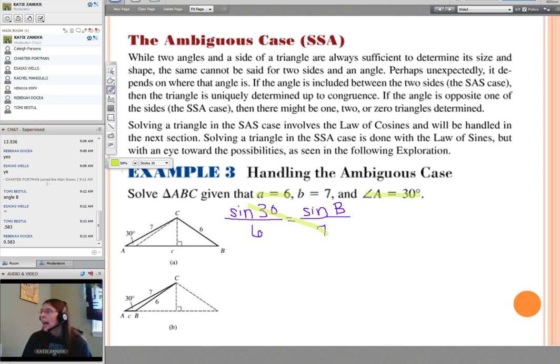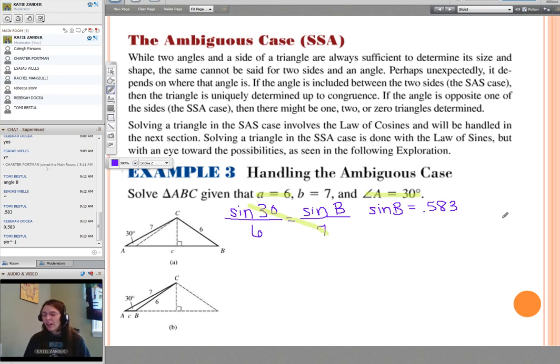All right, great. Now that obviously is not an angle measurement. Does anybody remember what we do to find the angle measurement now? Because right now we're sitting at sine B equals 0.583. Anybody remember what we do to get just B and get rid of the sine that's out in front?